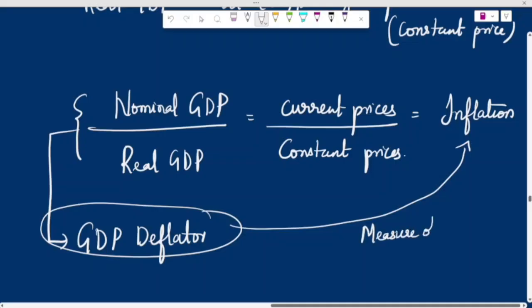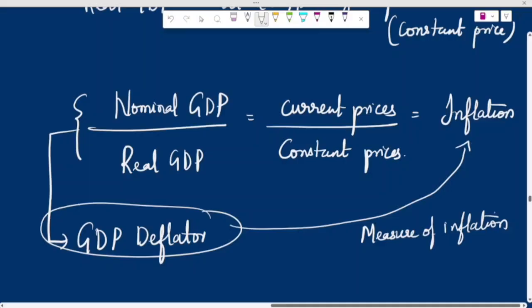For example, your father or mother will be telling you that last year 1 kg of dal was 150 rupees, but this year 200. So if you are seeing the 200, the price of the dal, then it is the current year price. It is nothing but nominal GDP at current prices.